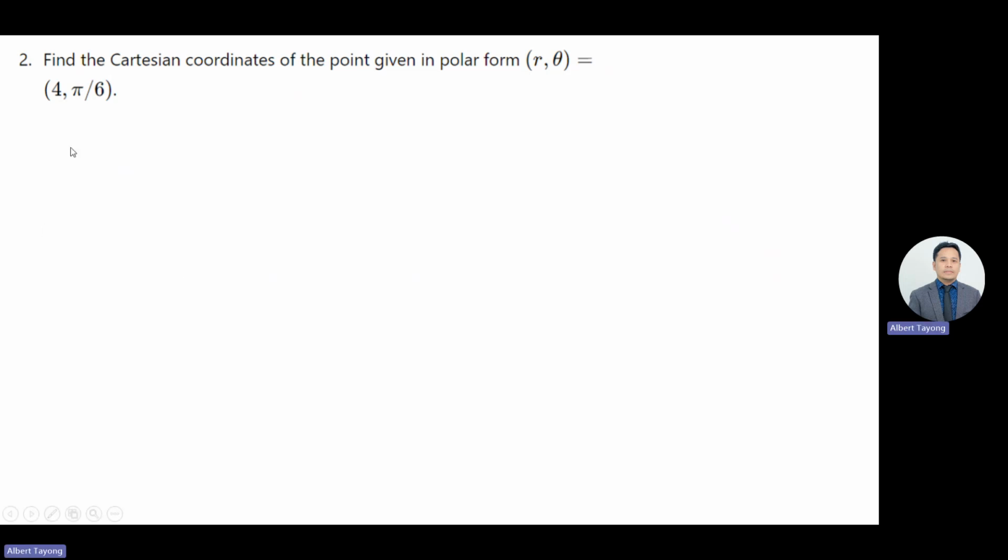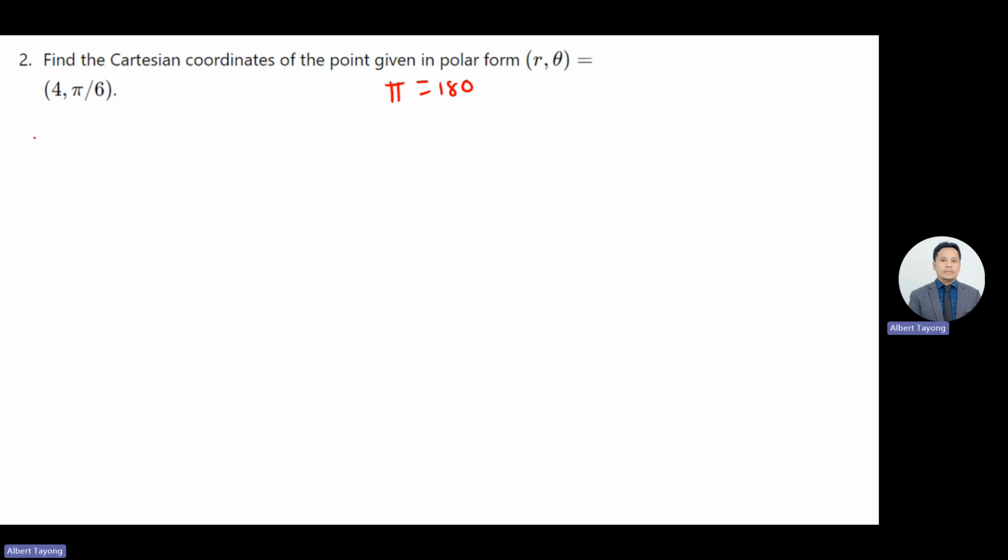R is 4, that is our radius, and our theta, the angle, is pi/6, which is actually 30 degrees, because pi is 180 and divided by 6 is equal to 30 degrees. Okay, so this is the opposite. Our form here is r, theta: 4, and we have pi over 6.